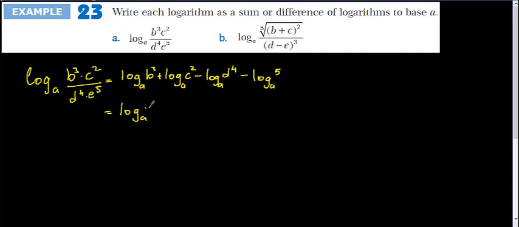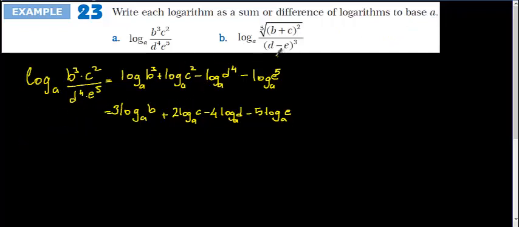The power comes in front, that was 3, so it's going to be 3 times logarithm base a of b plus 2 times logarithm base a of c minus 4 times logarithm base a of d and minus 5 times logarithm base a of e. This is the expanded form of the sum and difference of logarithm base a.